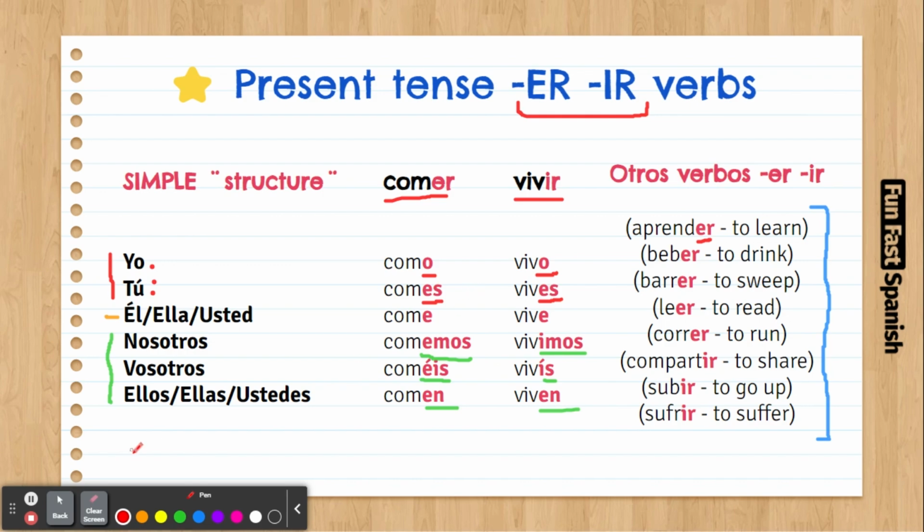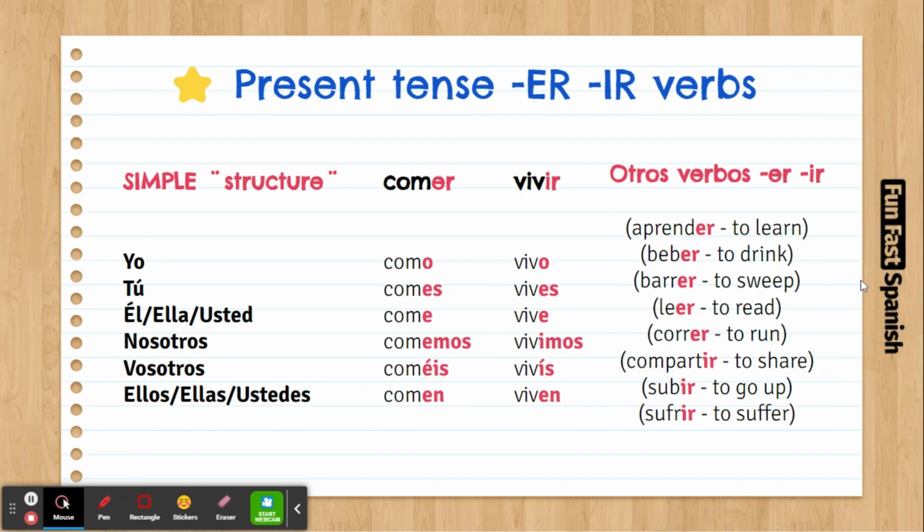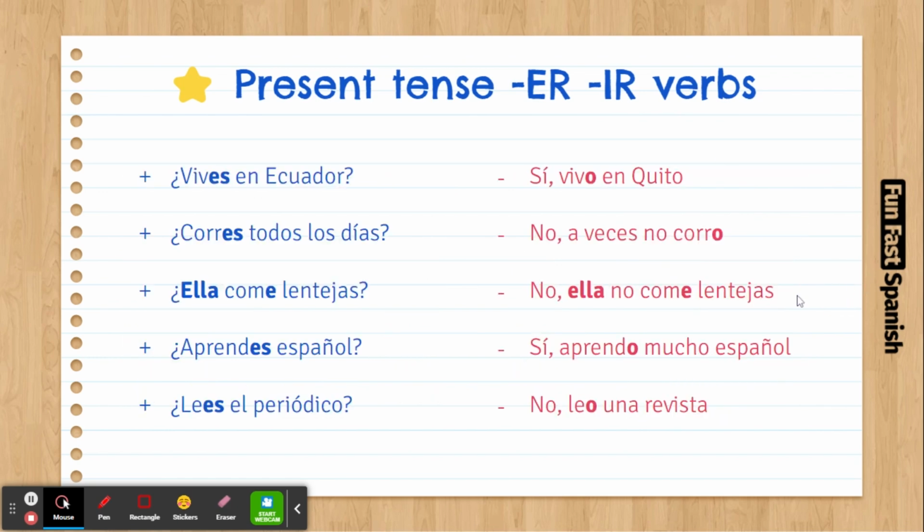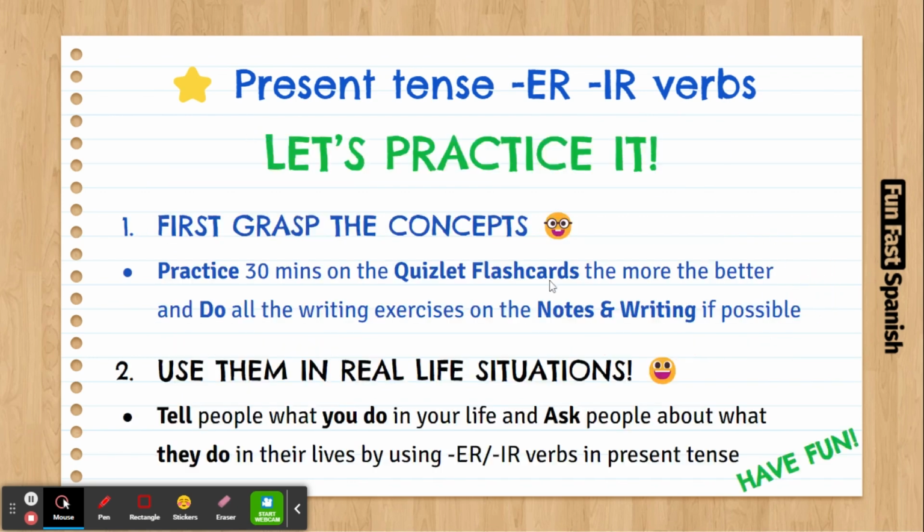How to practice this? Let's have a look at how to practice this. It's going to be exactly the same way we were practicing the verb AR. Have a look at the questions and answers, of course. So to practice it, again, grasp the concepts first. Dedicate maybe from half an hour to an hour just practicing your concepts on Quizlet and on the notes and writing.